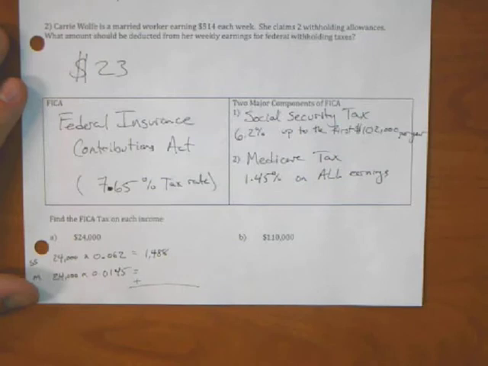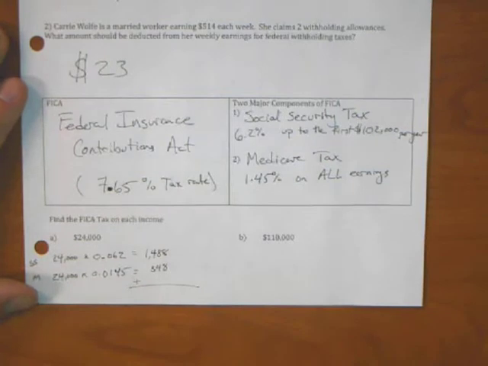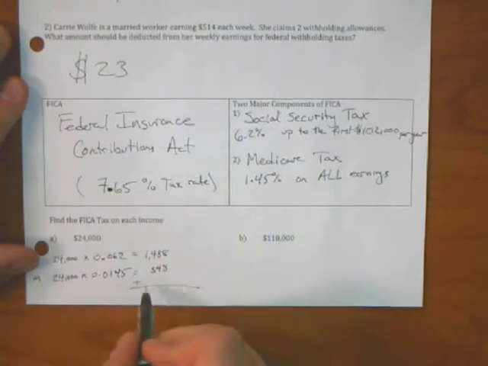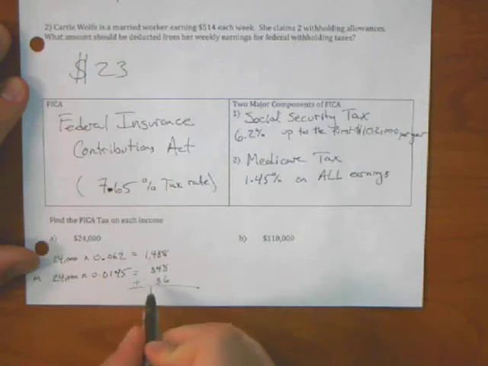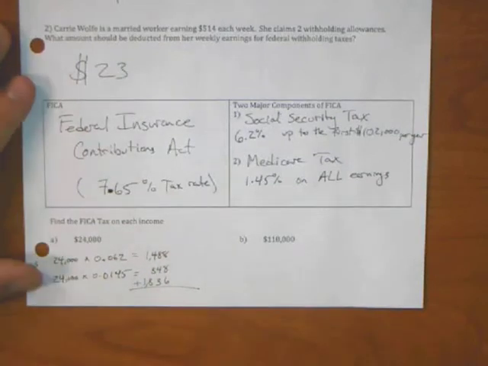Okay, sure. How about the Medicare? $348. So the total FICA taken out was what? $1,836. Did I do that addition correctly?